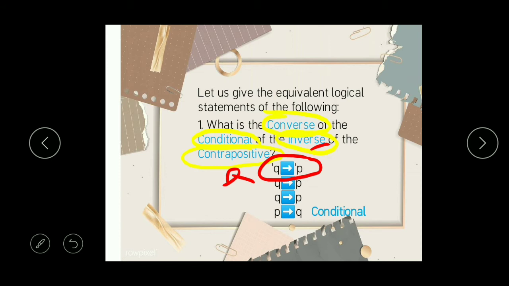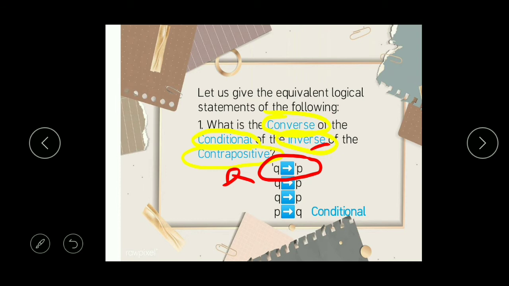So we put the negation on the contrapositive, and we have negative of negative Q. Our statement will be if negative negative Q, then negative negative P. Negative times negative is equal to positive.